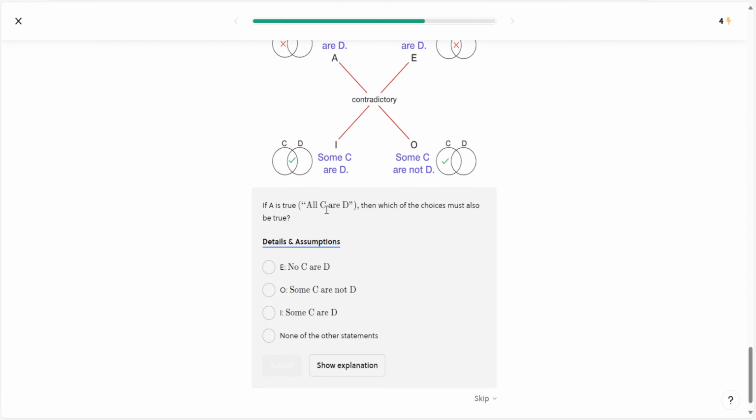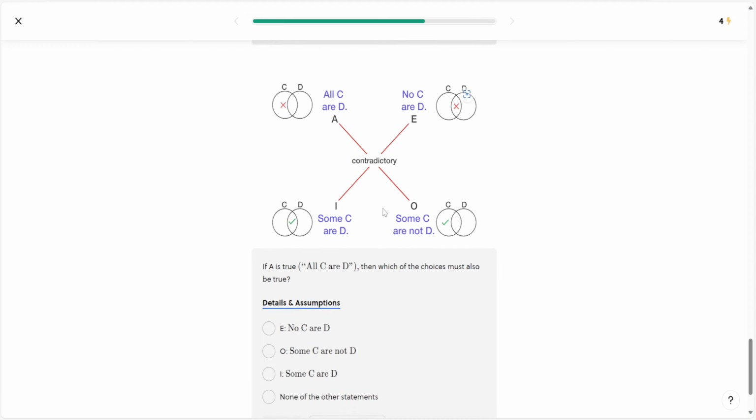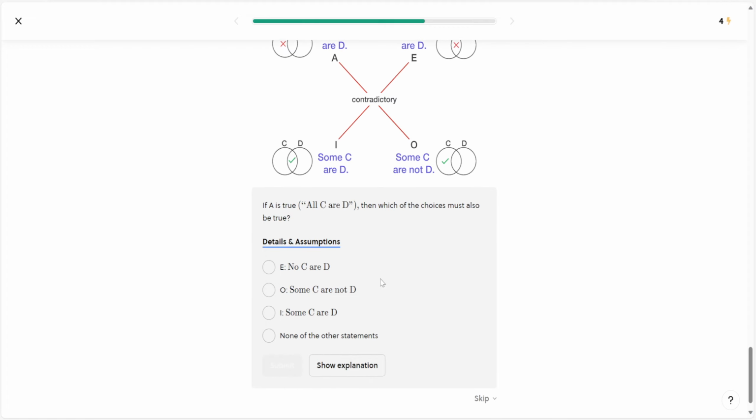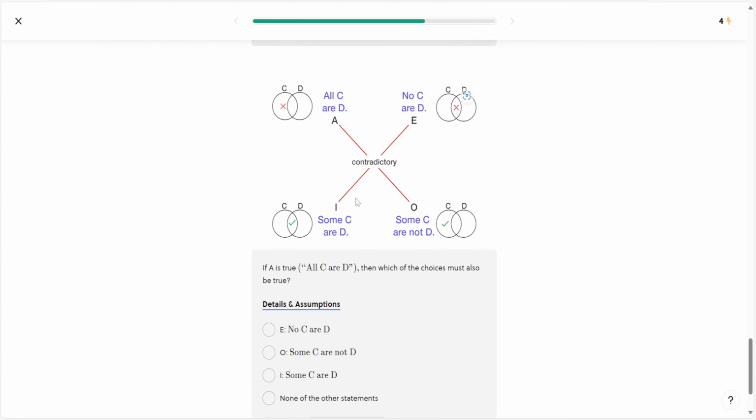If A is true, all C are D, then which of the choices must also be true? I think this was the thing that I was going down, the thought process.